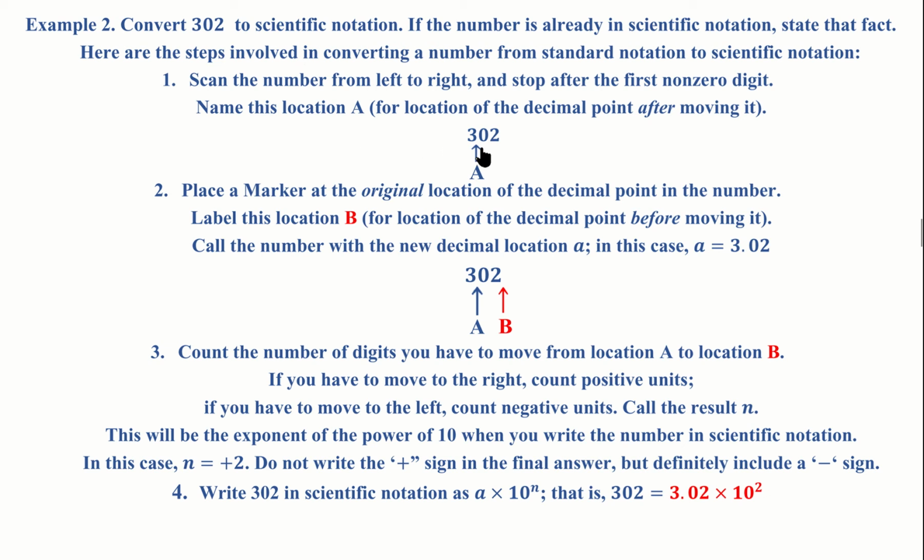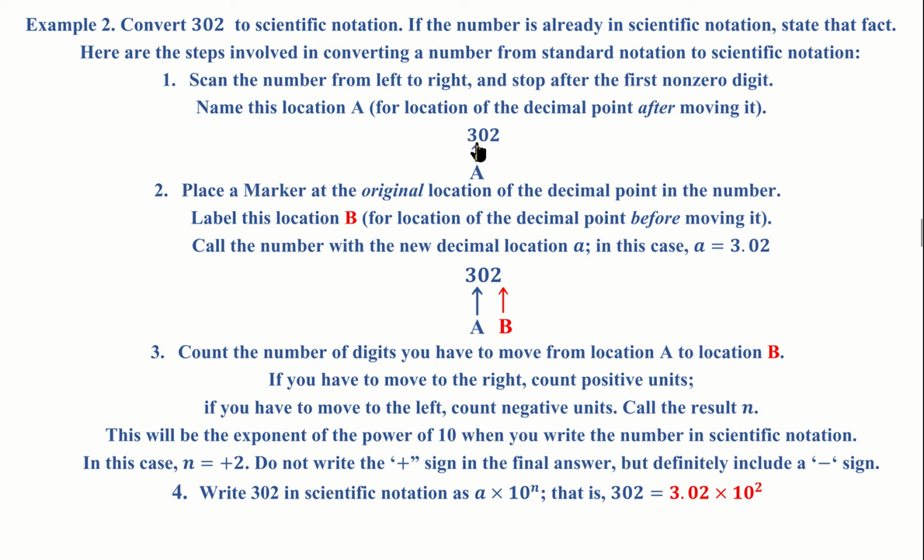So the way we're going to do this is the following. We're going to start scanning the number, no matter what the number is, as long as it's written in standard notation. We're going to scan it from left to right, and we're going to stop after the first non-zero digit.